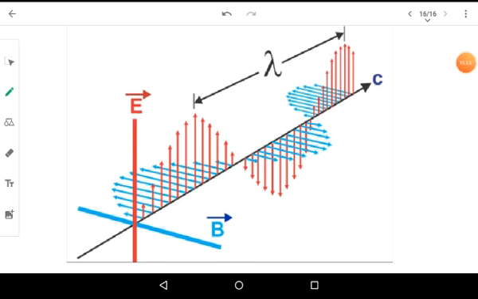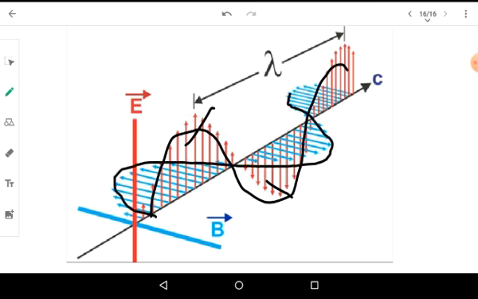Now this is interesting. This is graph of electromagnetic wave. This is how an electromagnetic wave looks like. Here you can see these are crests, these are troughs, and now there's something strange. This is going like this, but this is going perpendicular to this.